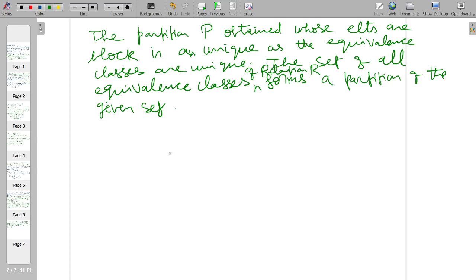Okay, so this is the main theorem with regards to the equivalence classes.